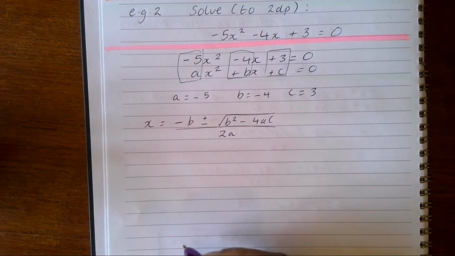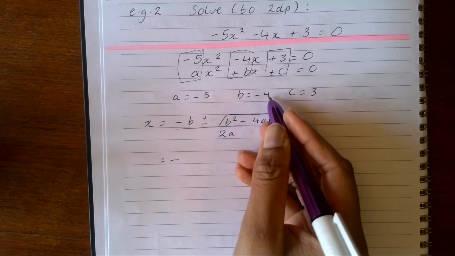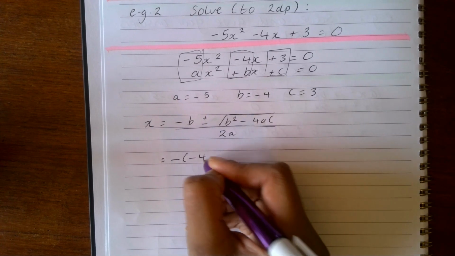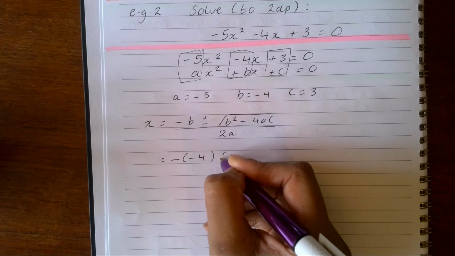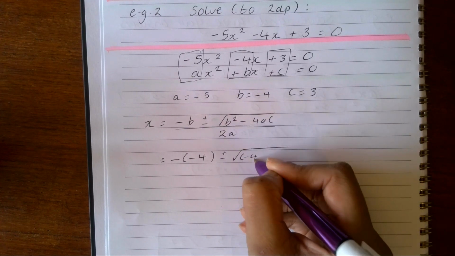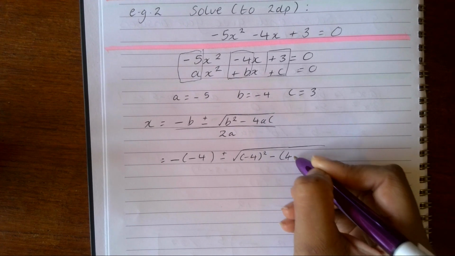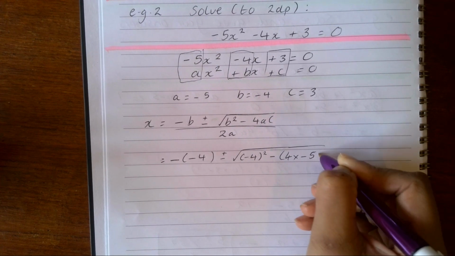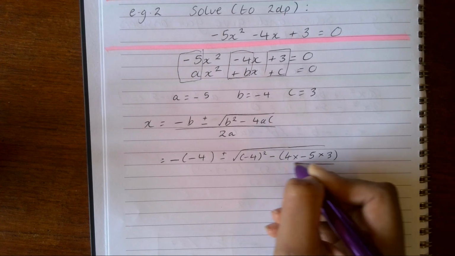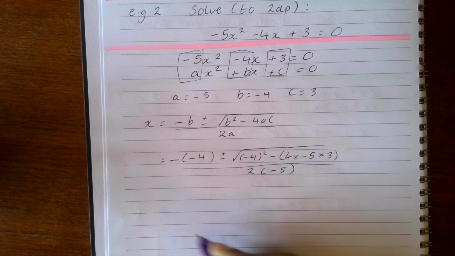So again, just plugging things in where I need it. So I've got minus and then b, which is minus 4, plus minus the square root of minus 4 squared minus, open up my bracket, 4 times a times c, all over 2 times a. And then let's simplify.